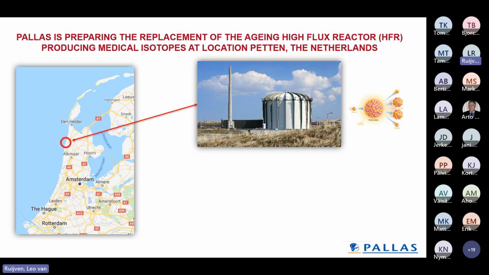It's one of the 6 reactors in the world that produces isotopes, especially for cancer research. It's now, in fact, at the end of life, and before 2030, we have to have a new facility up and running.